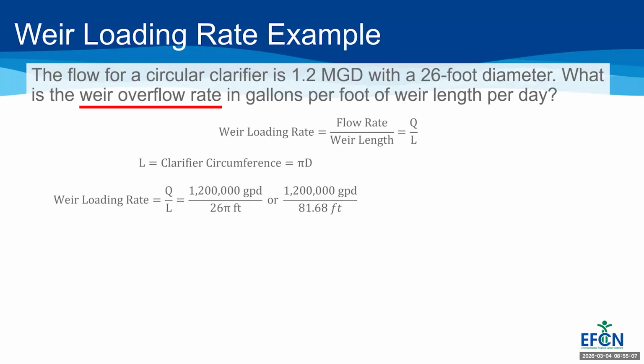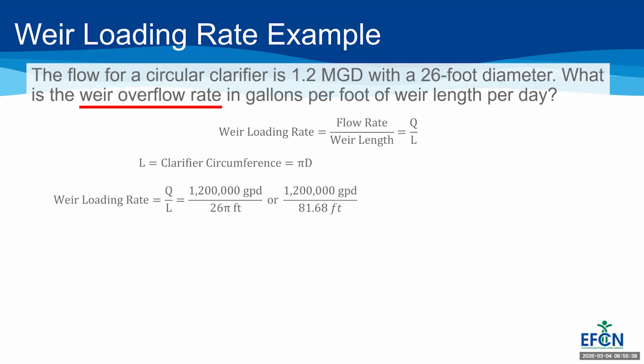So if we look at an example, weir loading rate, the flow for a circular clarifier is 1.2 million gallons per day with a 26-foot diameter. What is the weir overflow rate in gallons per foot of weir length per day? So we know we've got the equation. Weir length is a line, but we have a clarifier that's round. So we have to figure out the circumference, the length all the way around the outside of that clarifier.